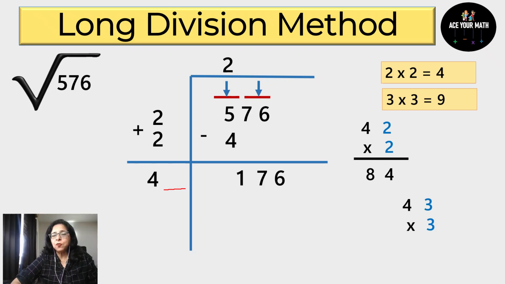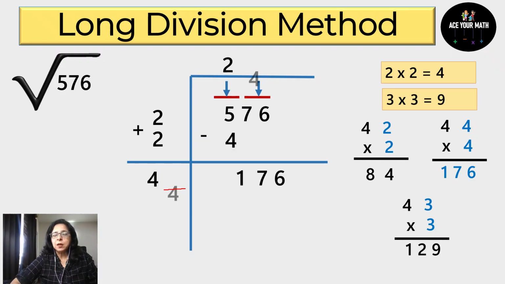So this time with 4, I am trying 3. When you multiply 43 by 3, you get 129. And 129 is also smaller than 176. It means we can try one more number. Now when you write 4 beside 4, it becomes 44. And 44 multiplied by 4 will give you 176. We were looking for 176 only.